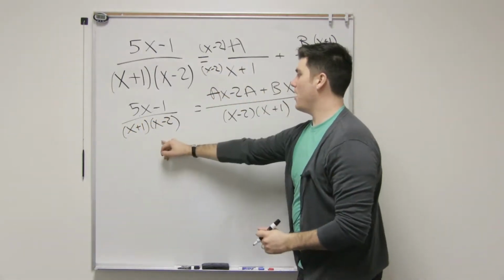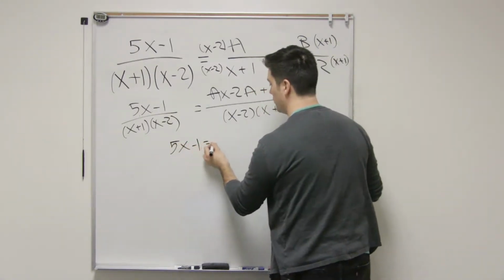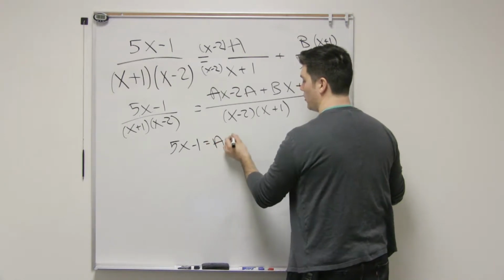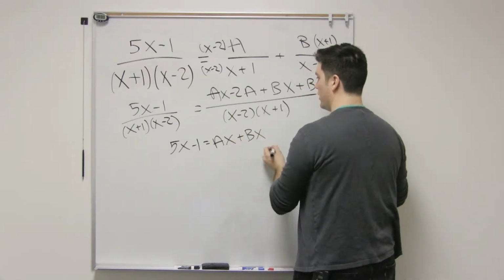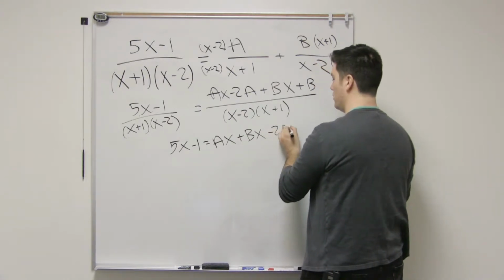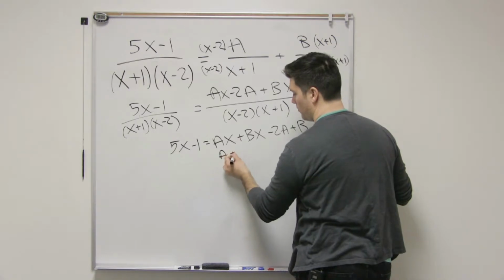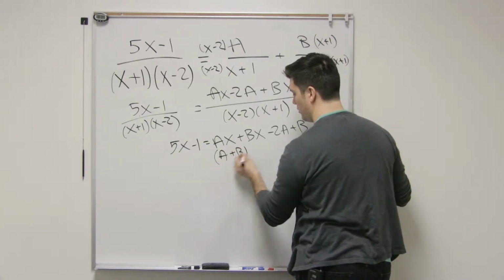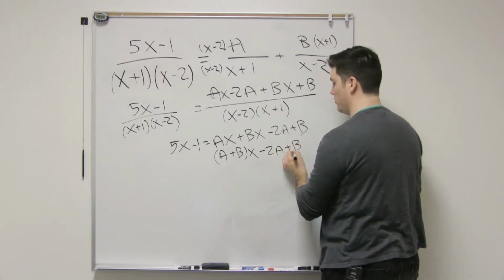Since the denominators match, we set the numerators equal to each other. And I'm going to go ahead and group like terms. ax plus bx minus 2a plus b. So our a plus b x minus 2a plus b.